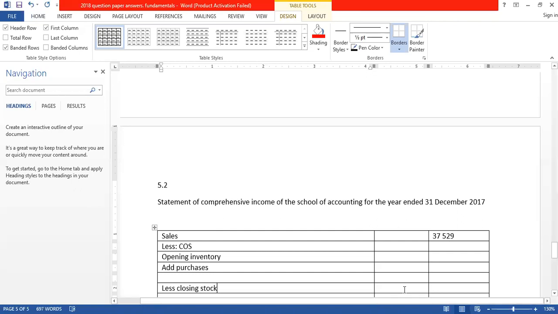Okay, so what was our opening? Because these are not final amounts, you will have to record them in the middle column. I said that in the last column you only record your final amounts. Now our opening inventory was 13,862.